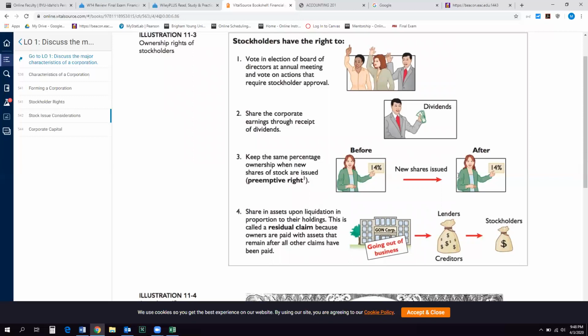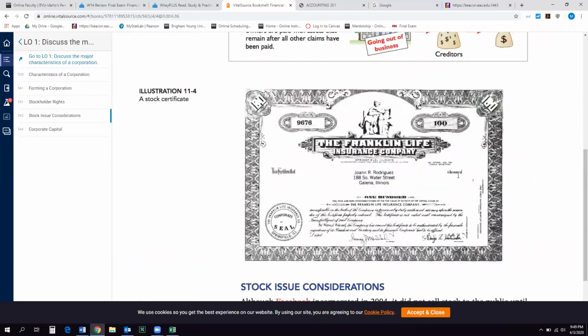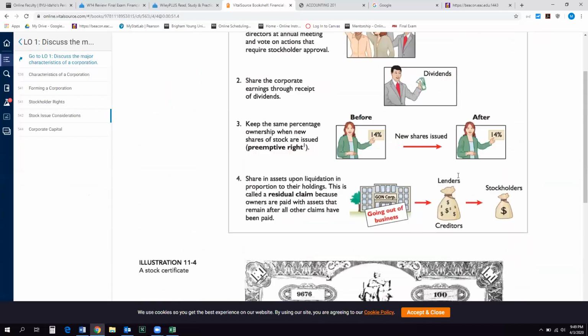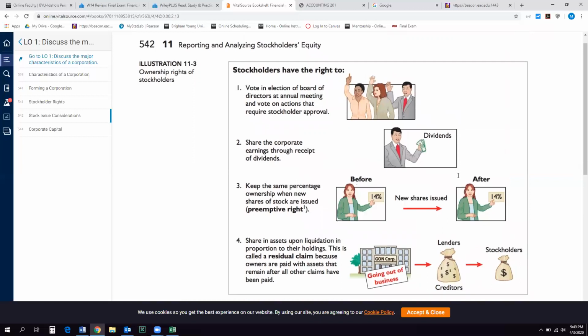And then if the company goes out of business, then I have a share of anything that's left over after we've paid off our creditors. Think about that. If an owner of a business sells off the business, the first thing they have to do is pay their debts, and then whatever's left over gets divided up among the owners. So that's my rights as a common stockholder. Okay.